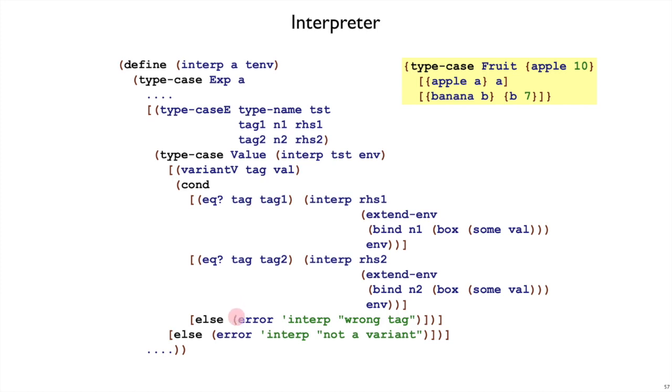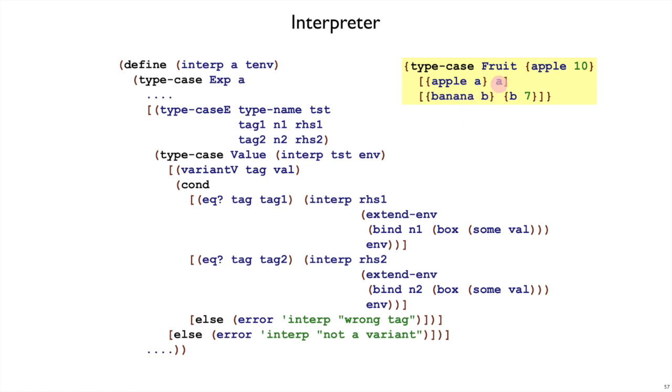There was a type case on fruit, and an animal that was tagged bear was returned instead. So we'll have interp complain, but if it does find a match, then it should evaluate the corresponding expression on the right-hand side. So in this case, we want to evaluate just this a. If there were a banana there in the test expression, we would evaluate the second case. So that's why we've got an interp on the right-hand side here.